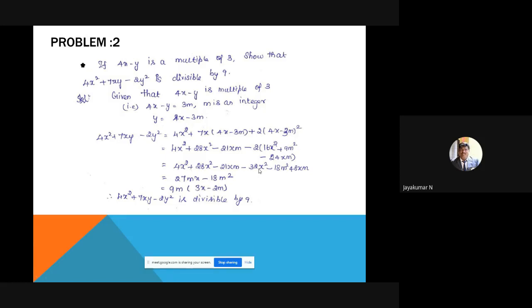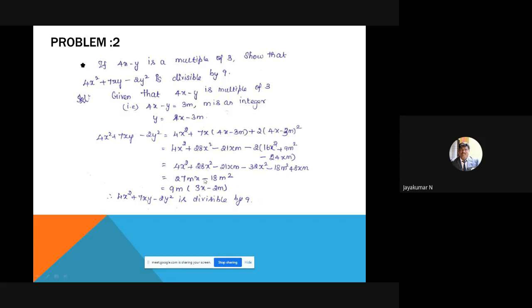Then here 48xm, sorry, there is a minus symbol missing. Here you will get plus 48xm. Here I have minus 21xm. Finally, we arrive at 27mx minus 18m square.